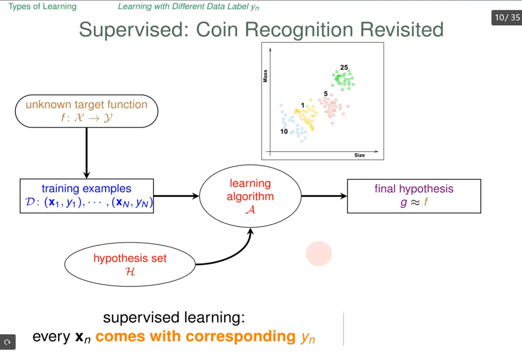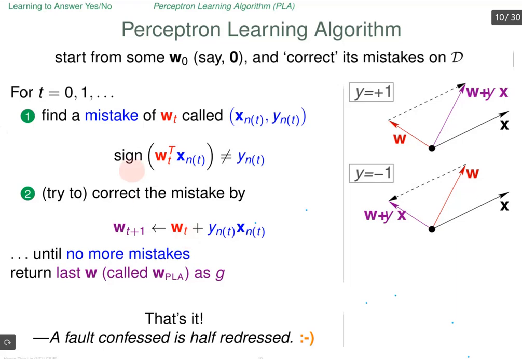To clarify more, let me open the perceptron learning algorithm that we have seen in the previous lecture. So, why it's called supervised? So in supervised learning, we said every x example comes with y. This is vector, this is scalar. Well, it is, and also this step is very important.